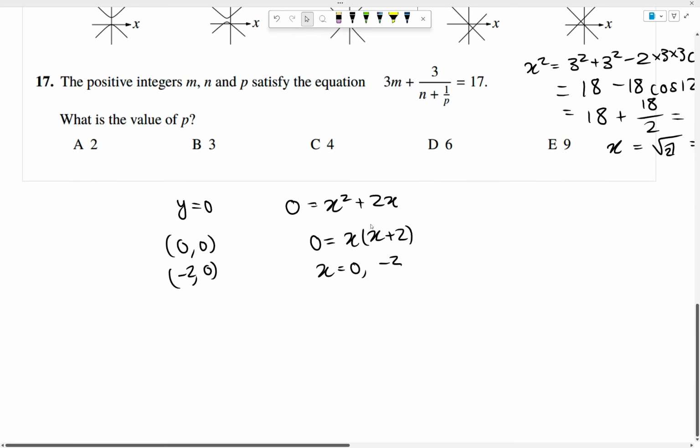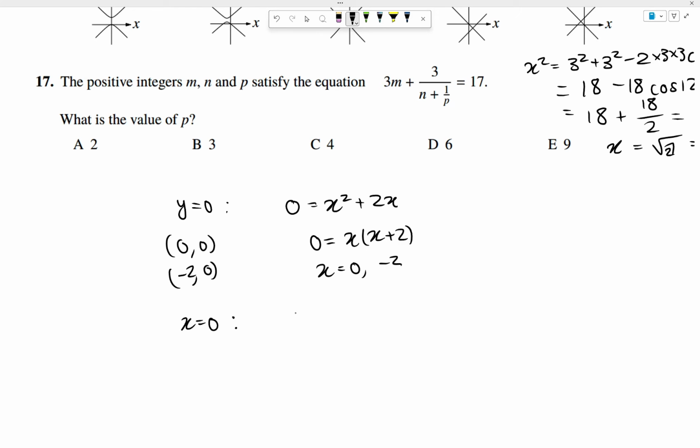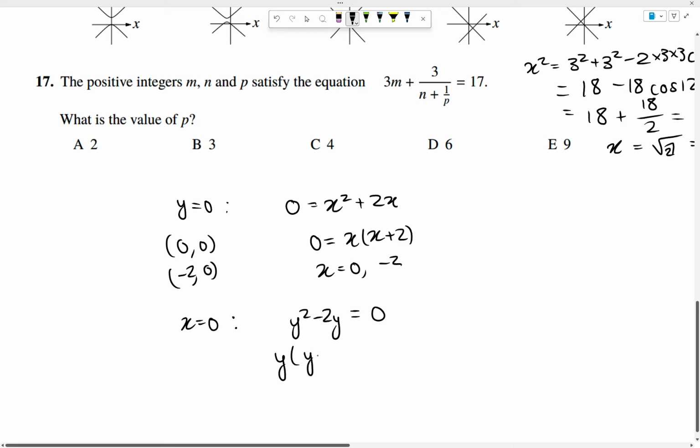The next thing I'm going to do is I'm going to see what happens when x is equal to 0. And that would give y squared minus 2y is equal to 0. So y times y minus 2 is equal to 0. So y equals 0 or y equals 2.